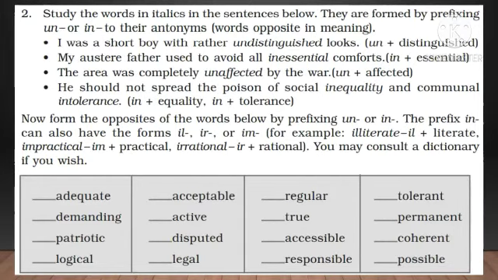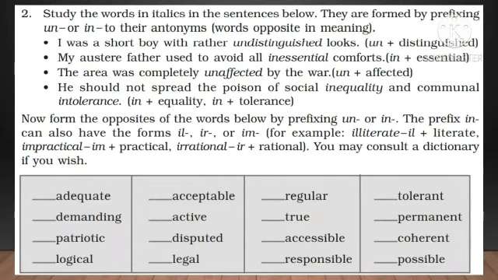Now form the opposites of the words below by prefixing un or in. The prefix in can also have the forms il, ir or im.